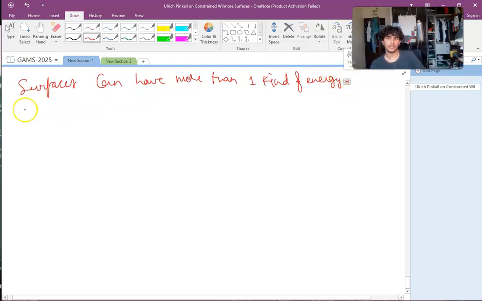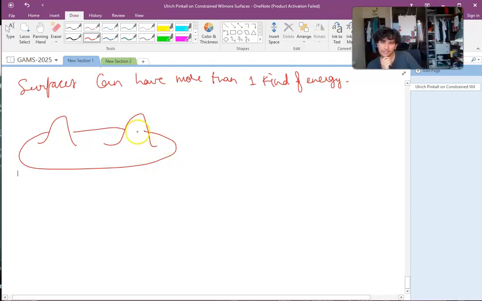And so now I'm going to introduce 2 things. Given a surface, say, I don't know how to draw a good enough surface to illustrate this example. Let me see if this is a good enough example. So let me just take this smooth surface with 2 bulges over here, right?